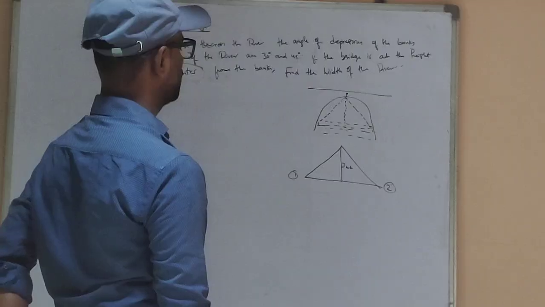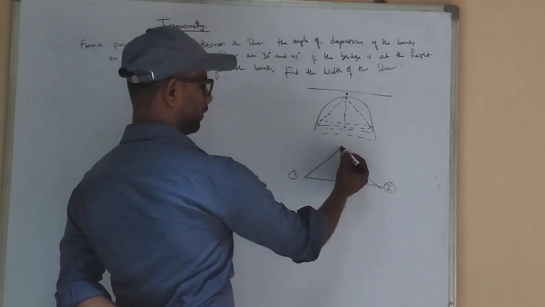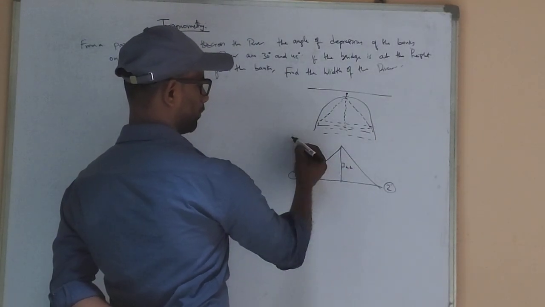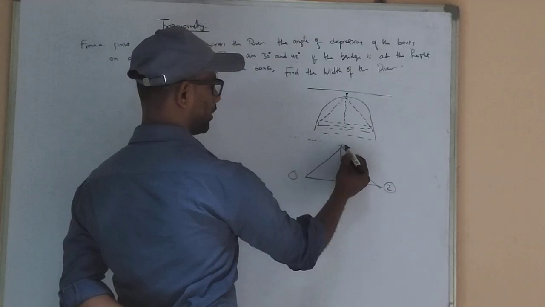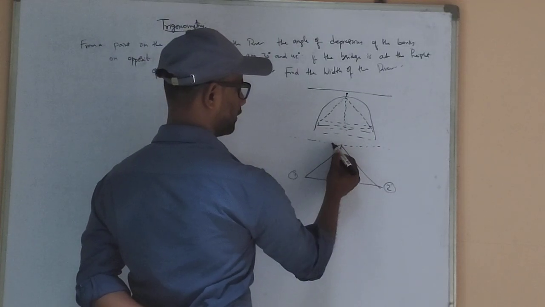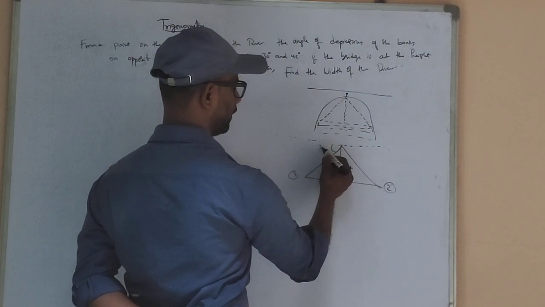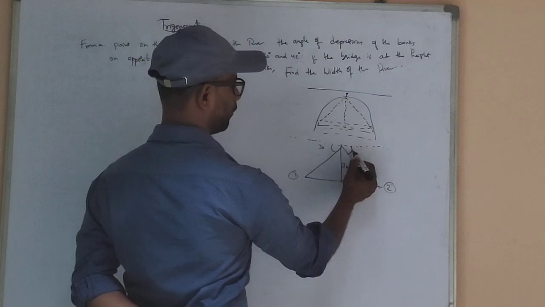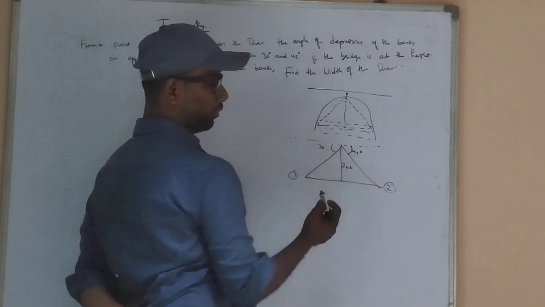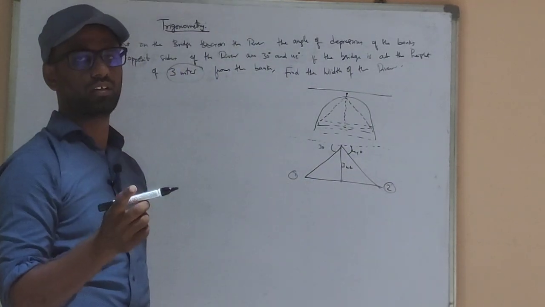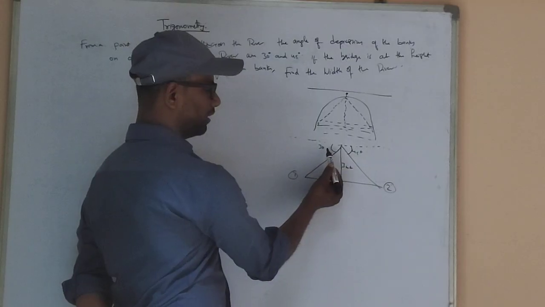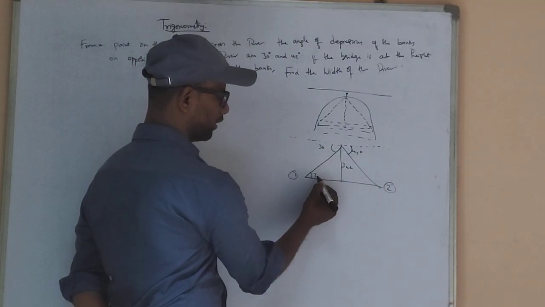Angle of depression means from here he is observing this one. You can draw a horizontal. This is the depression, 30 degrees. This is the depression, 45 degrees. Here we know that the angle of elevation is equal to the angle of depression. So if it is 30 degrees, this one is also 30 degrees.